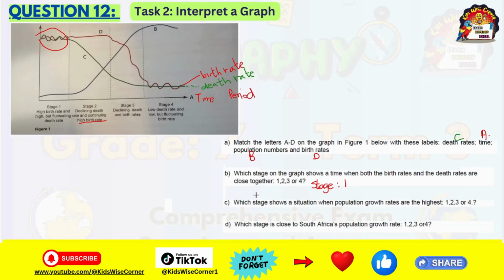Which stage shows a situation when population growth rates are the highest? So the population growth rate is, so B is our population numbers. So the highest population growth rate is in stage 4.